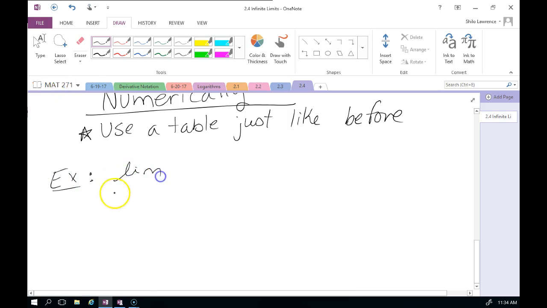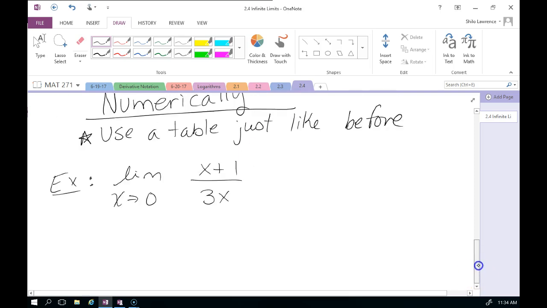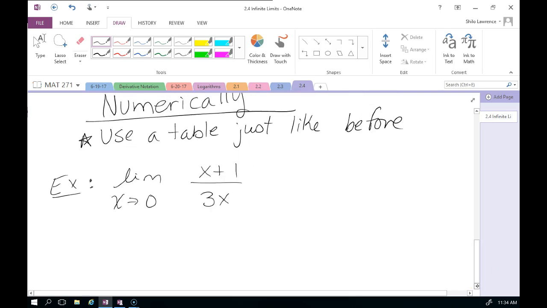So if we want the limit as x approaches, let's say 0, of x plus 1 over 3x, now we didn't say left or right, which means we have to do both. If it doesn't specifically say left or right, you have to do both. And we're going to do this numerically, so we're going to do it with a table.